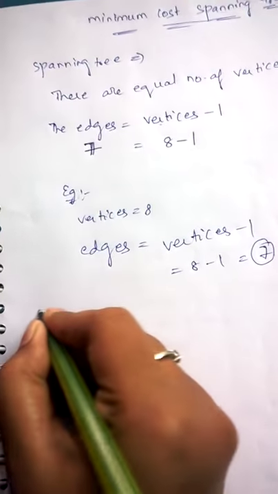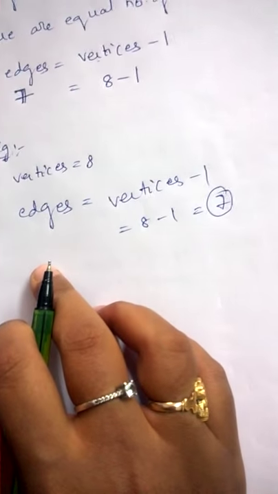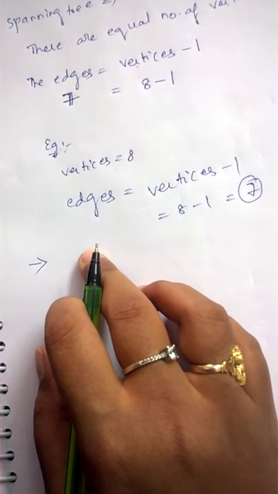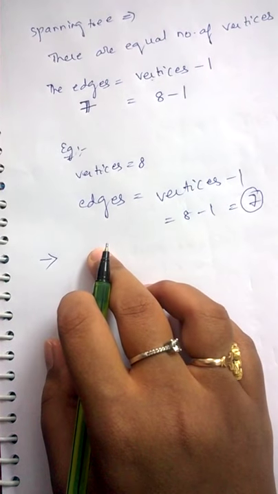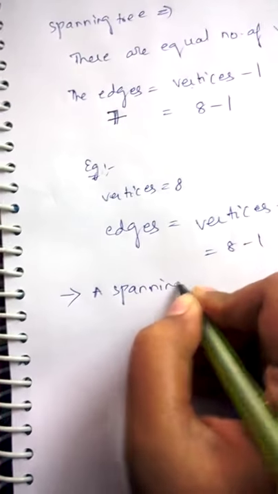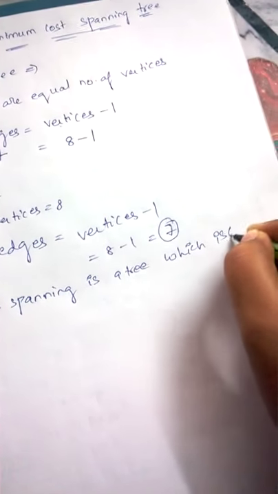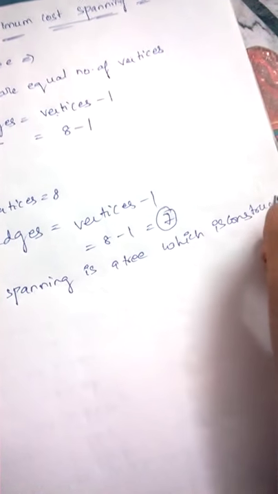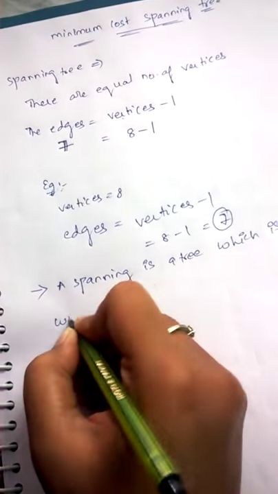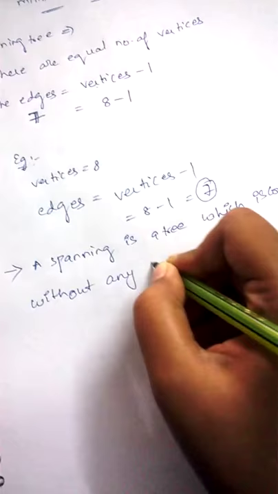Now I will explain the concept of the spanning tree. A spanning tree is a tree which is constructed without forming any circles or cycles.